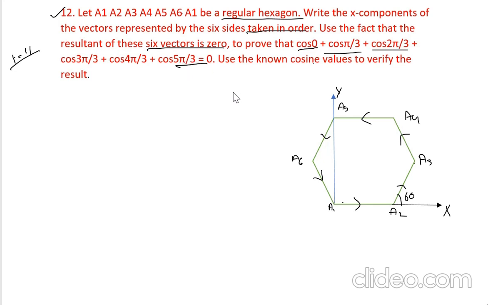Okay, then we start. Here this angle is given as 60 degree. As it is a regular hexagon, if I extend this A2 vector, this is also 60 degree. Then if I extend this, it is also 60 degree, and if I extend this, then this is also 60 degree.